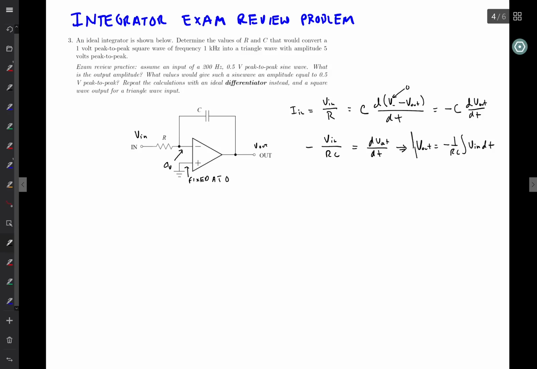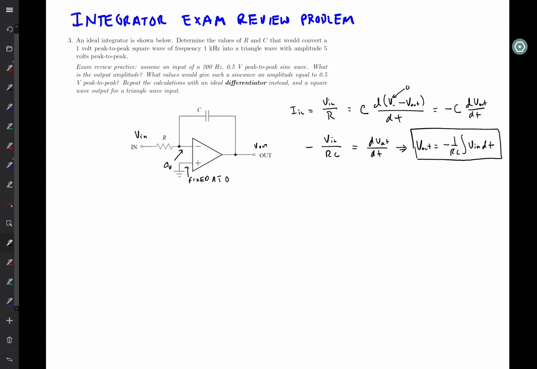So this formula here comes directly from the golden rule that the amplifier does whatever is necessary in order to maintain the plus and minus inputs at the same voltage. And it also comes from the golden rule that there's no current actually going into either input of the amplifier.